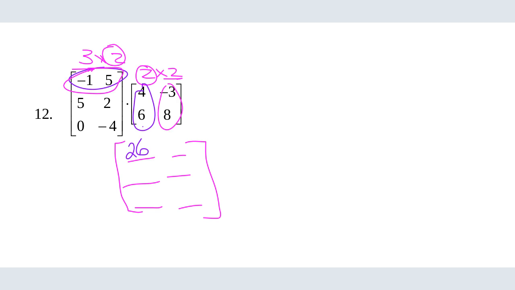Row 1, column 1 is 3 plus 40 is 43. 5, 2, so that's 20 plus 12 is 32. Row 2, column 2 is negative 15 and positive 16, and that's 1.